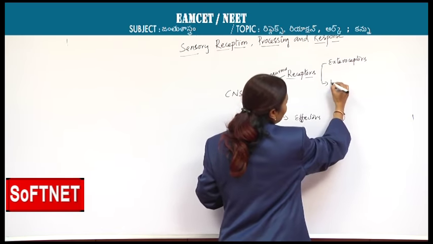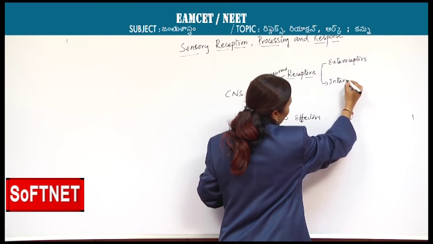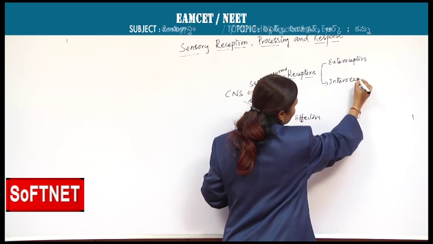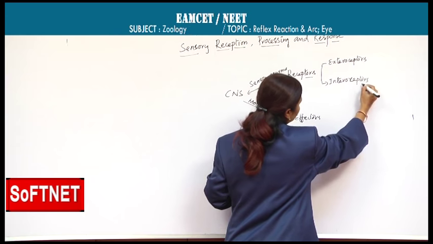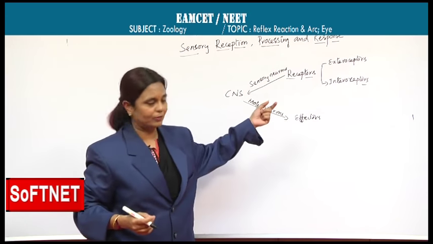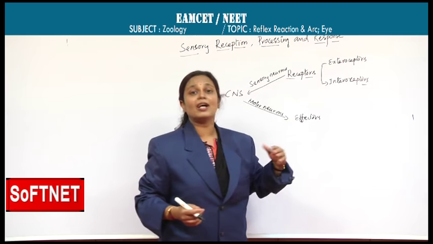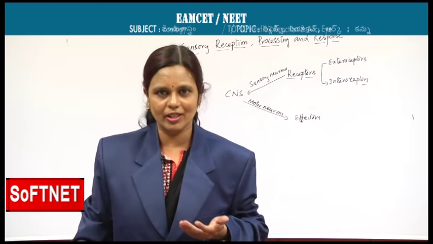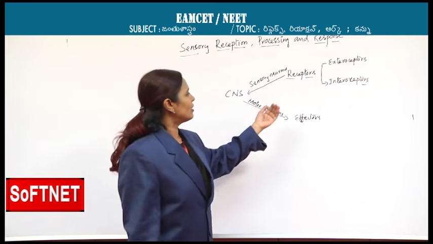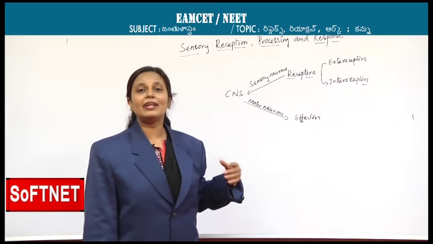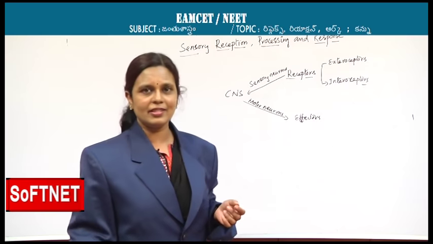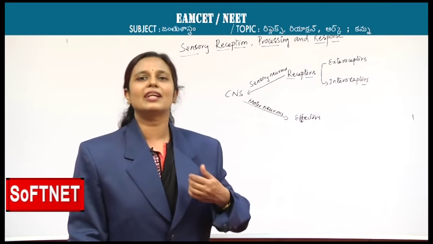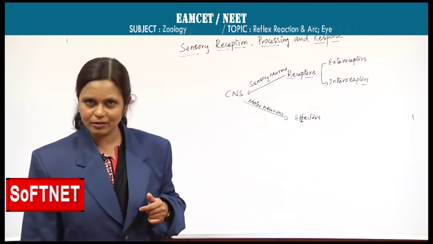Then internal receptors, otherwise interoceptors. Then what is the difference between the two? External receptors are specialized in changes in the external environment, whereas internal receptors or interoceptors are specialized in receiving changes in the internal environment of the body.